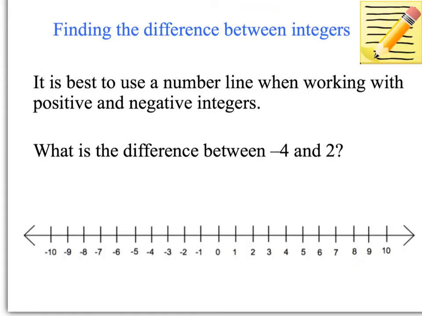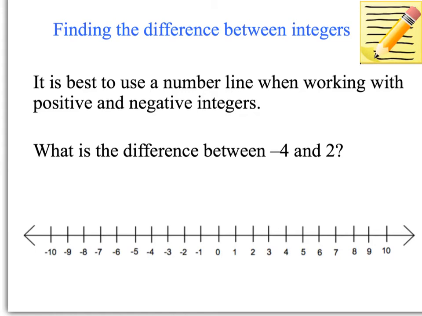Alright, now when we're looking at integers, we just talk about finding the difference between them, but the best way to do this to start off with is to work with a number line. Okay, so that will give you a good visual of where the numbers are and how far the difference is between them. So when we're looking at the difference between negative 4 and 2, you might say, well, that's 2. Well, it's not, because we've got negative 4 and we've got 2.